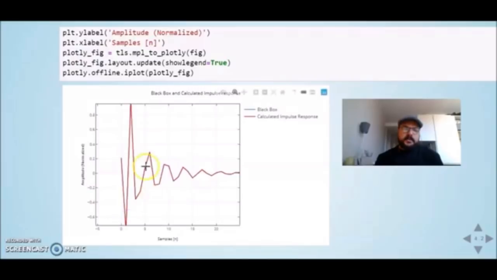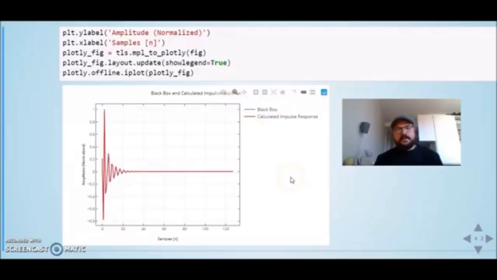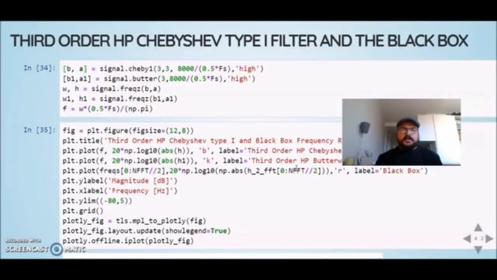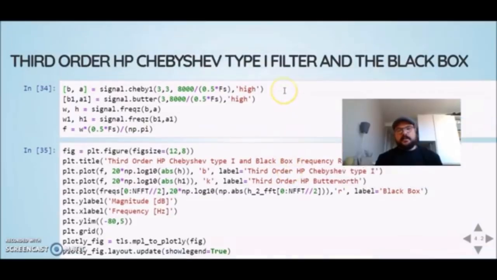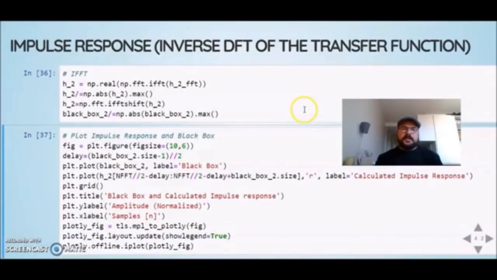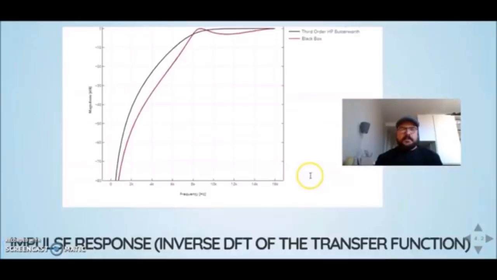So indeed we have achieved our purpose of identifying the system using the frequency response calculated with a sweeping sinusoid. It's the same technique we used before, but with a different input signal.